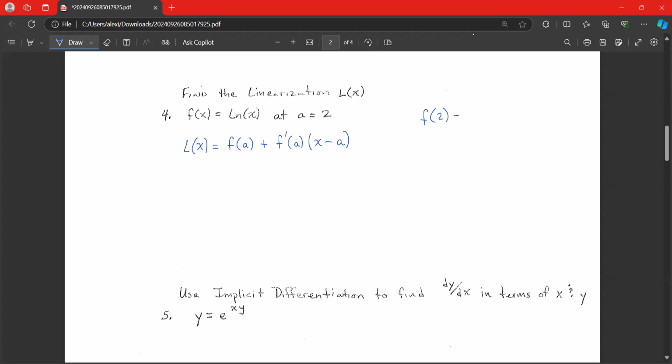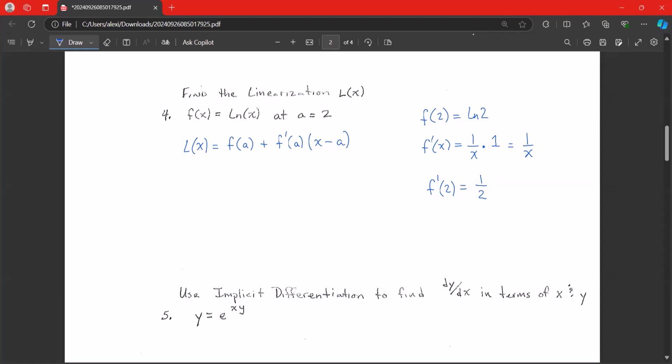So f of 2 is just ln of 2. And we like exact values, so we're going to leave it as ln of 2. F prime of x, well, it's the derivative of ln of x. So that's 1 over x times 1, which is just 1 over x. So then f prime of 2 is just 1/2.